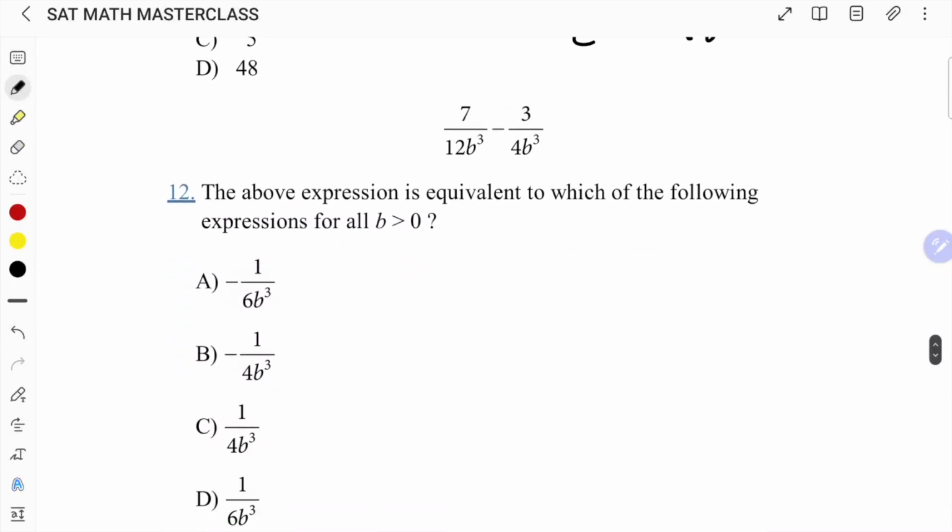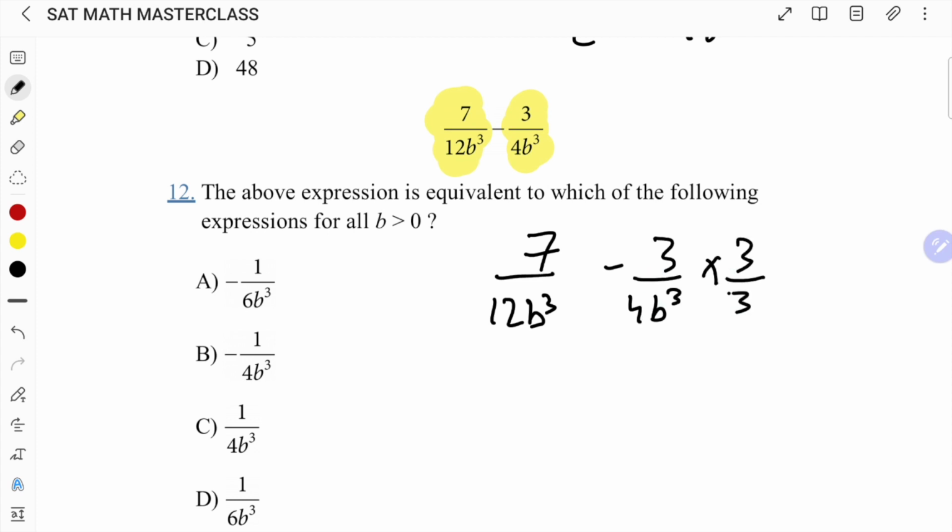Alright, in the next question, it shows an equation 7 divided by 12b cube minus 3 divided by 4b cube. Alright, so they're asking the above expression is equivalent to which of the following expressions for all b greater than 0. Let's start off by taking the LCM. So 12b cube, and 4b cube into 3.